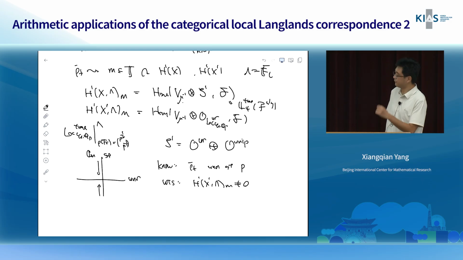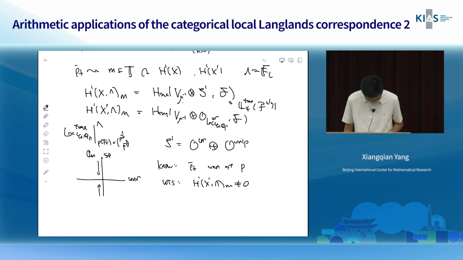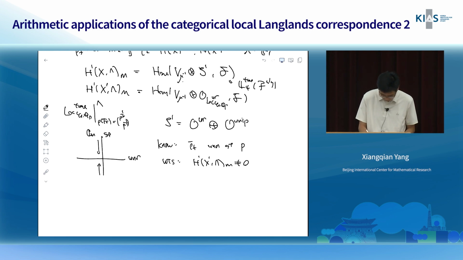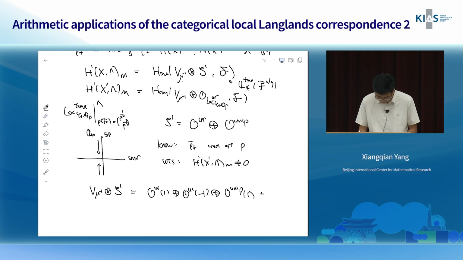Okay, so this is all we need. And you can do the following. V mu inverse tensor with the coherent Springer sheaf is O ramified 1, O ramified minus 1, O unipotent 1, O unipotent minus 1, right?